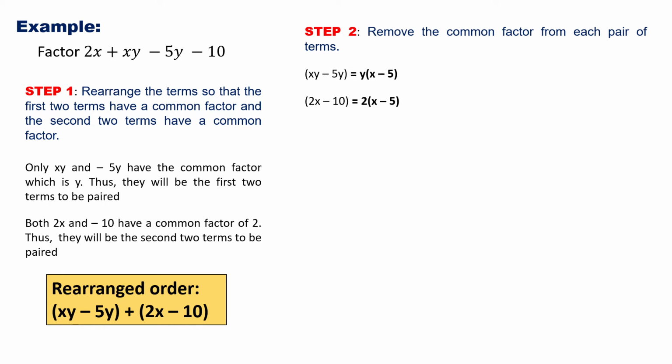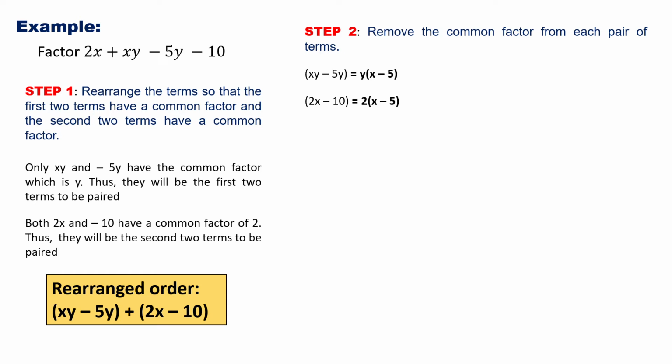Next pair natin, 2x minus 10, and their common factor, the common factor of the two terms given is 2. By removing 2 sa dalawang term, ang matitira na lang ay x minus 5 din.